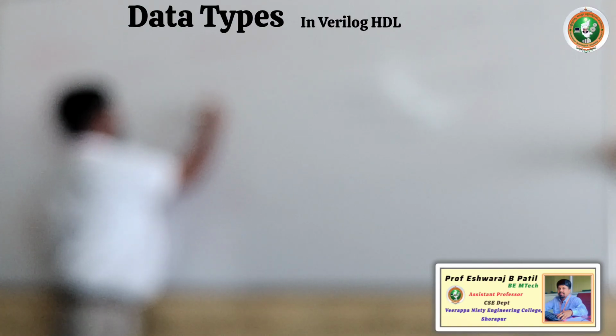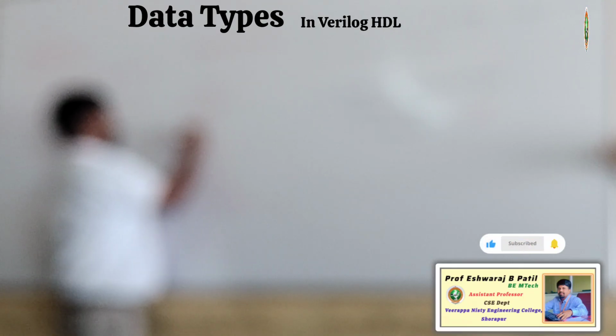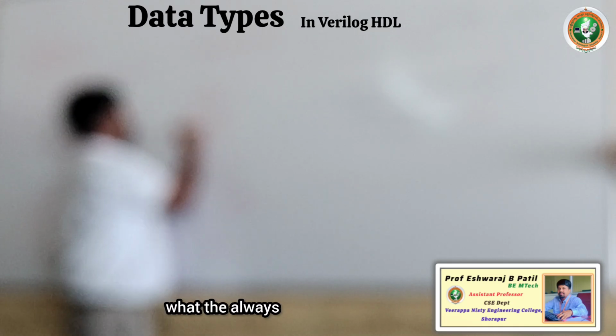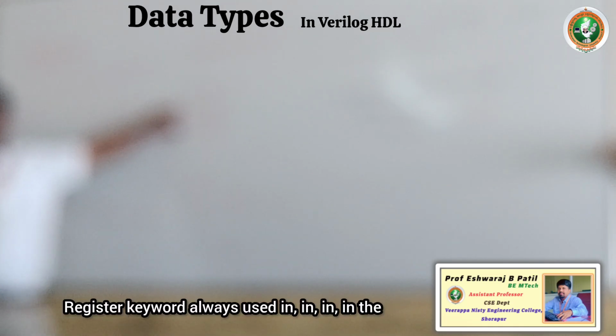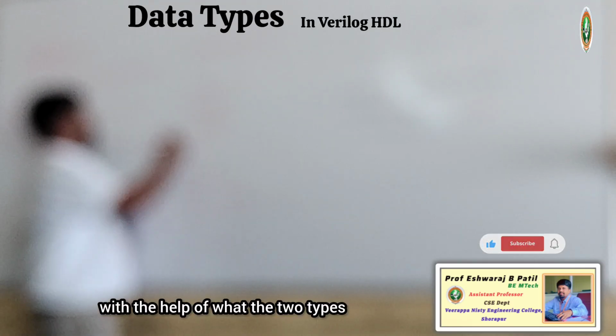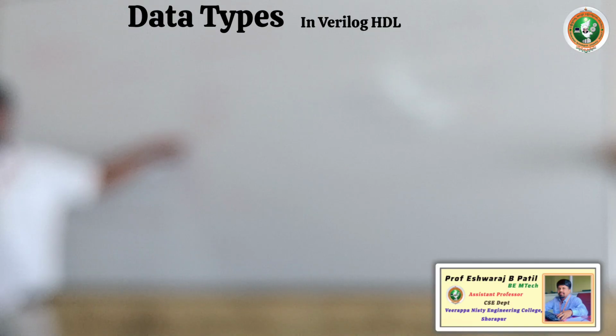Initial block. Initial, or else you can also use always. The reg keyword is always used with two types: one is the initial keyword, another is always.